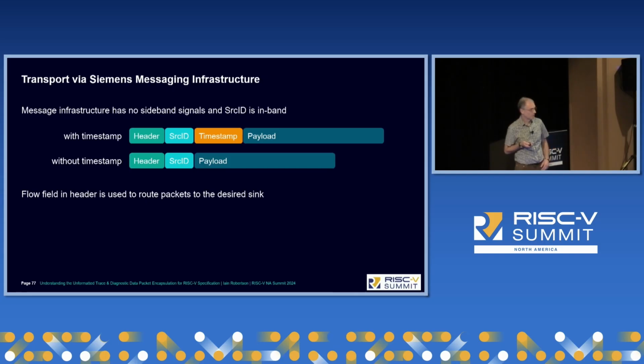You just turn it off, right? You may not care about when that data was generated in the context of the system, and so turn it off and save the bandwidth. So there are a number of ways that you could configure that, but that's nothing to do with the encapsulation protocol. That's entirely down to whatever diagnostic instrument is generating whatever kind of trace it is that you're transporting.